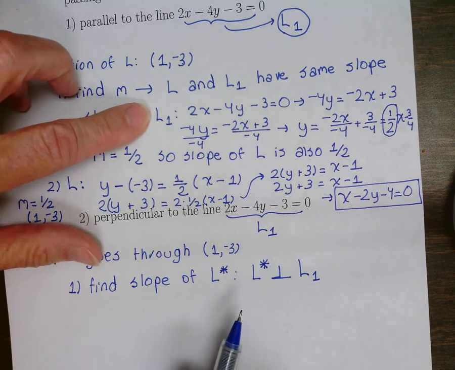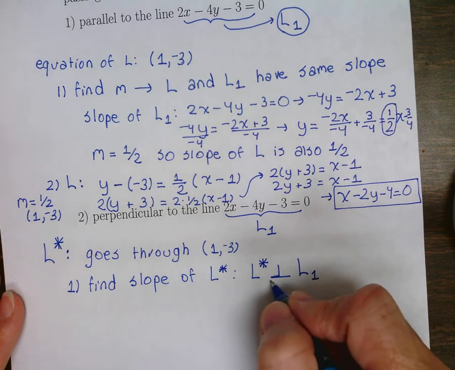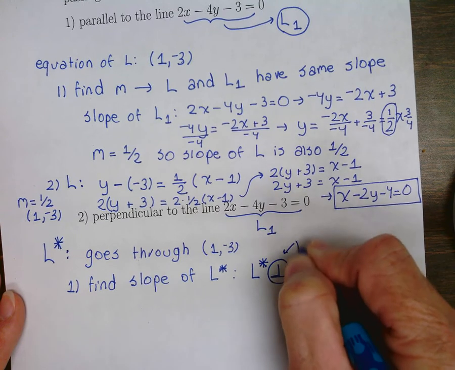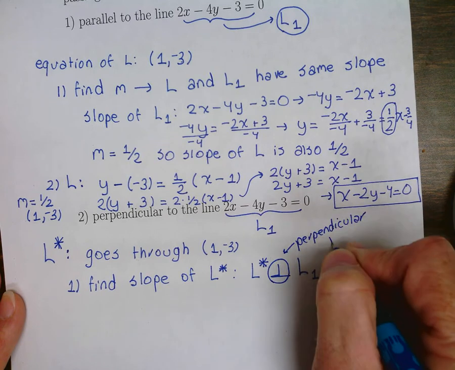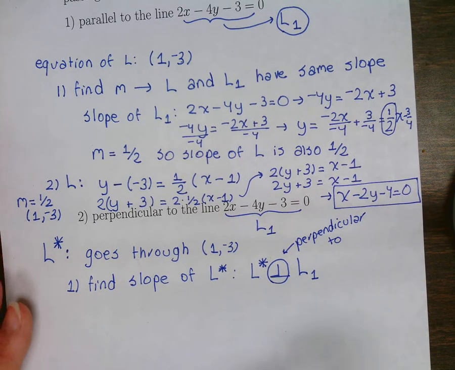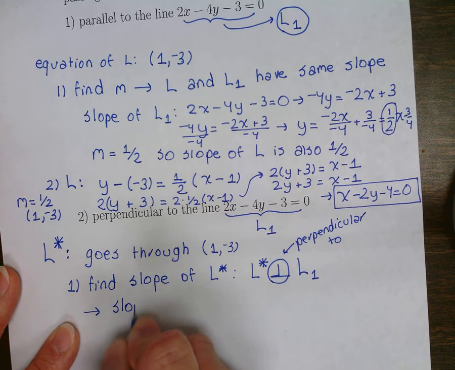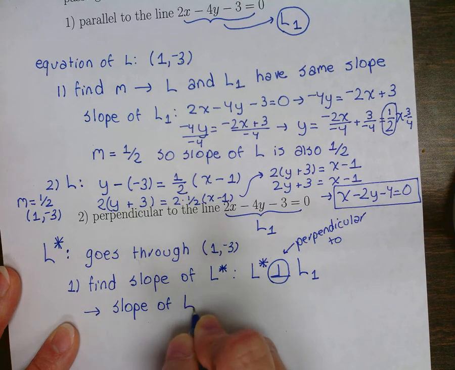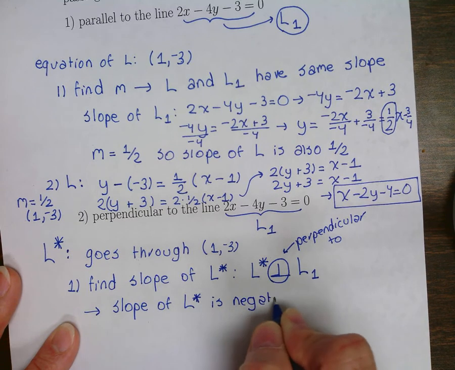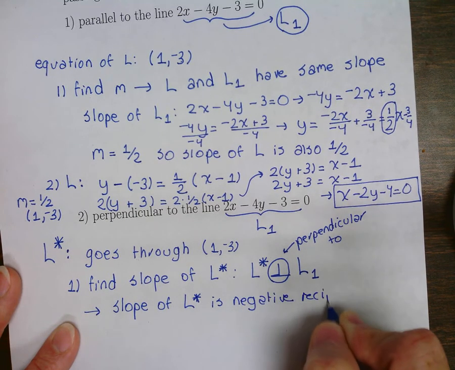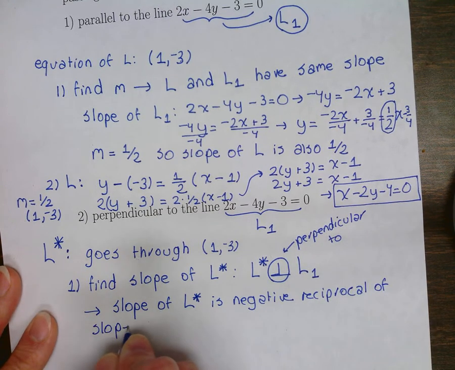Remember, L1 was the line up here. It's the same line. They're perpendicular. And this symbol, by the way, is an abbreviation for perpendicular. Okay, so what does that mean? So the slope of L star is the negative reciprocal of the slope of L1.